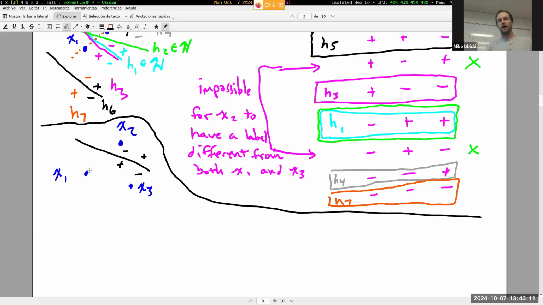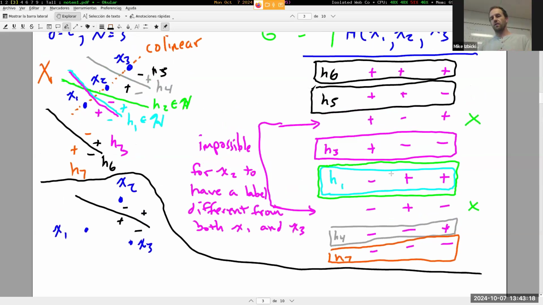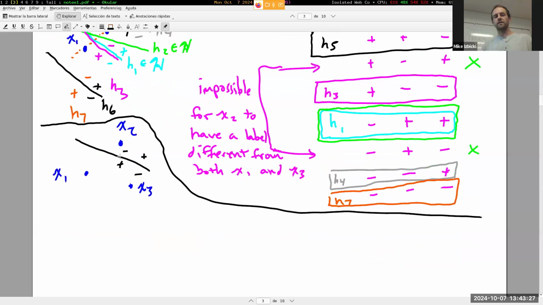It's possible to separate any of these data points, have whatever combination of class labels like we have over here. It's possible to achieve everything that we had before. Now it's also possible to achieve this middle balance. So this data set right here would have the size of the dichotomy, the size of H of X1, X2, X3, being equal to 8, because it's possible to now divide everything and get all possible combinations of labels.